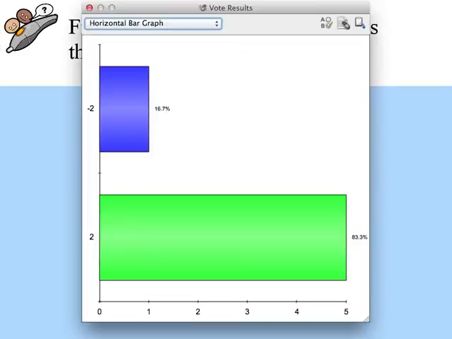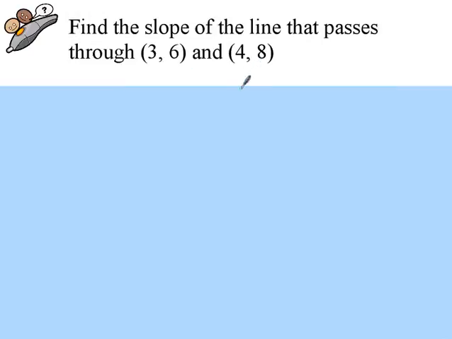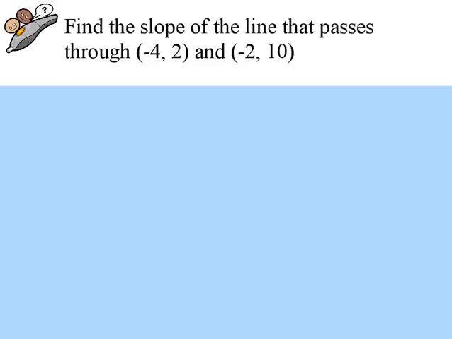Okay, so let's see what you got. 2, nice job. Those that have -2, you reversed your numbers. In this case, I'm going to take 8 minus 6 divided by 4 minus 3. Nice job.